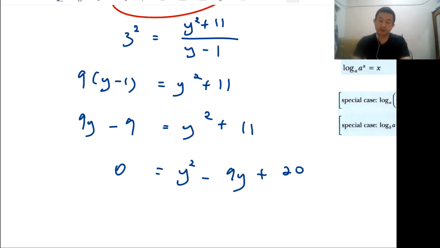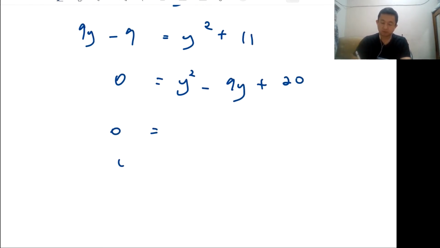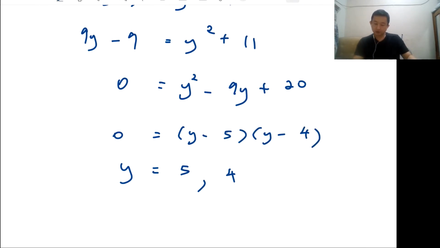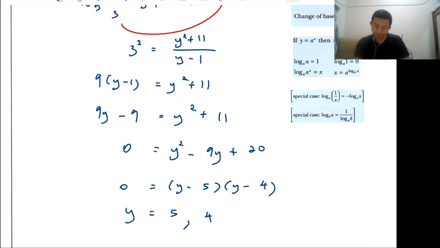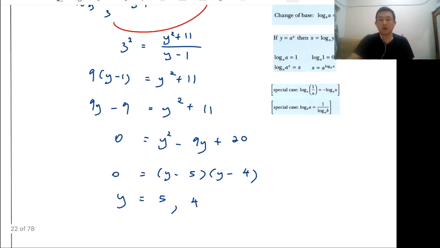Solve your quadratic using your calculator. Y minus 5, y minus 4. So y is 4 and 5. Alright, that is your final answer.